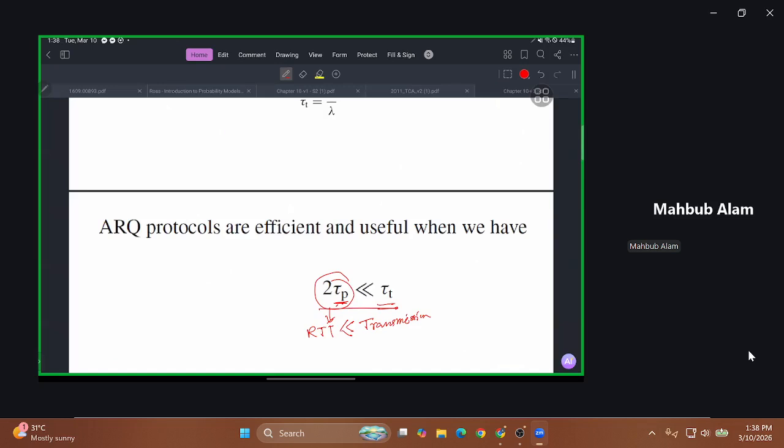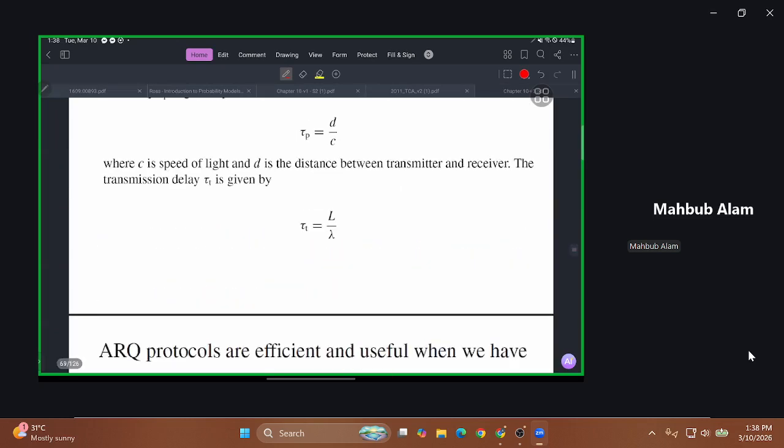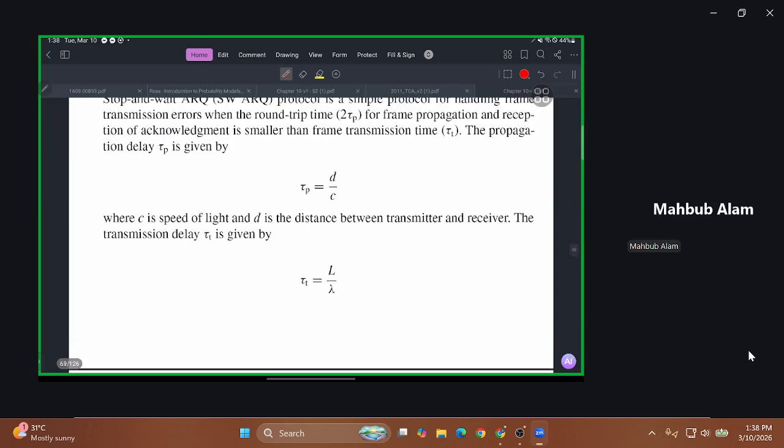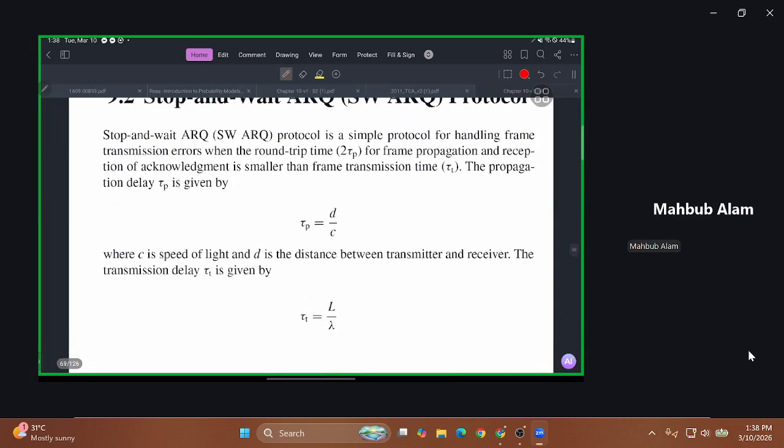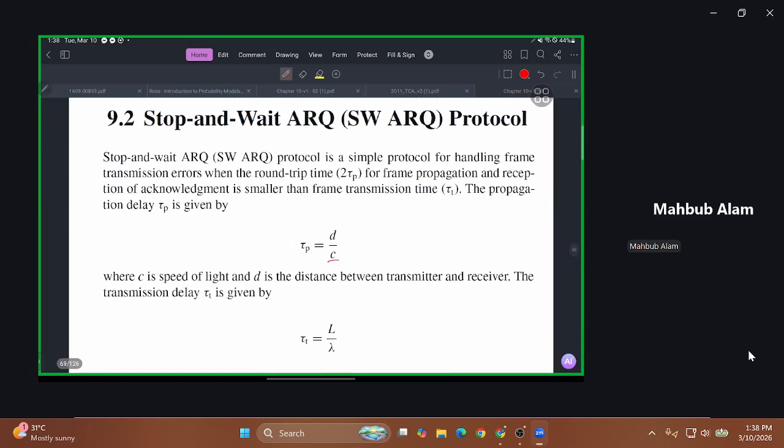Propagation occurs at the speed of light. If d is the distance, then the propagation delay is calculated by this formula, where c is the speed of light and d is the distance.